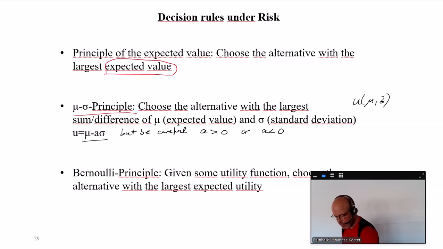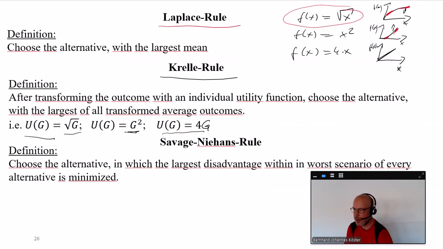In this case, if we have defined it with the difference, and we would say this a is larger than 0, then we are subtracting the standard deviation, and this we can compare with these utility functions here: this is risk averse, this is risk loving, and this is risk neutral.